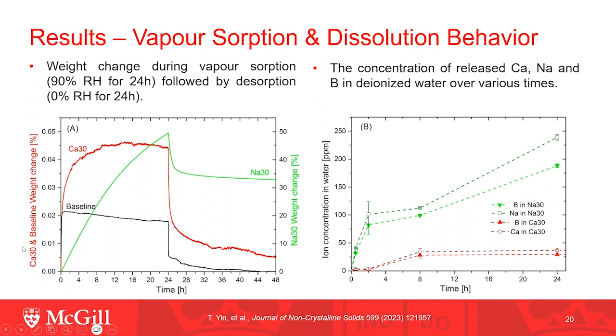The left y-axis is for the weight change of calcium-30 and empty sample pan, while the right y-axis is for weight change of sodium-30. We can say at 90% relative humidity, calcium-30 only shows transitory and very small weight change, which can be attributed to the vapor adsorption on the sample surface and sample pan, while sodium-30 has a rapid weight increase under 90% relative humidity.